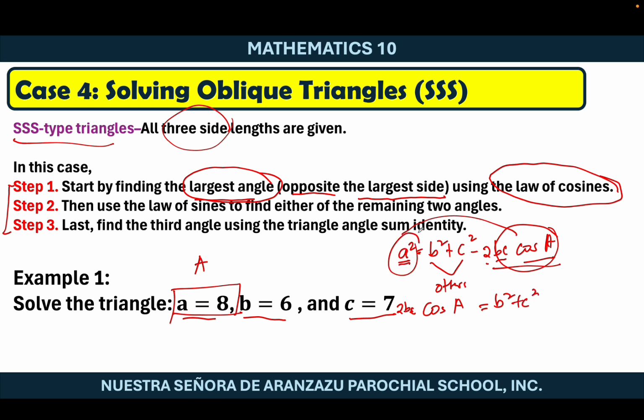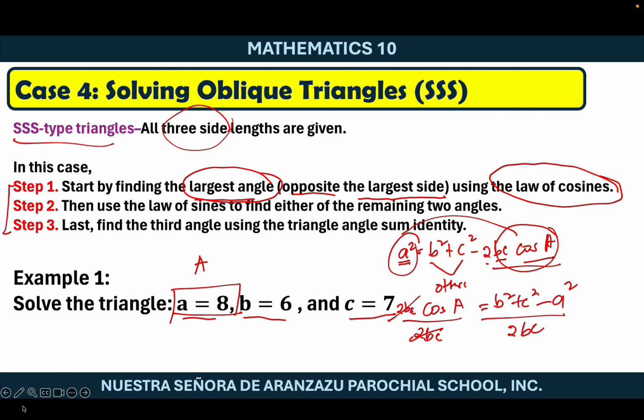And itong a squared, transfer nyo to the other side, so you will have minus a squared. Since kailangan natin cosine A lang, tanggalin natin yung 2bc dito by dividing both sides. So, ang matitira, cosine A is equal to b squared plus c squared minus a squared over 2bc. So, ito yung formula for finding the missing angle.